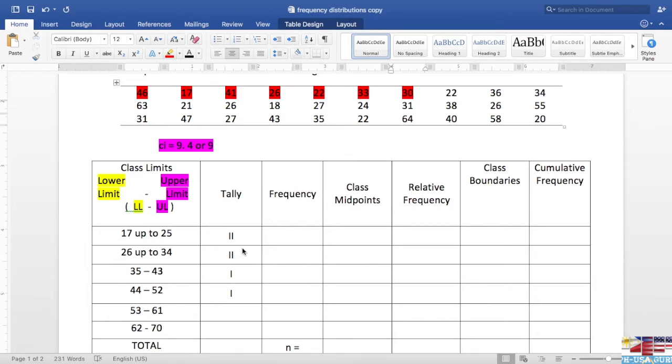30. When you reach 5, okay, divide it into 2 so you will not have a hard time counting the tally. We have 18. Okay, it's 5 already. And then 27.